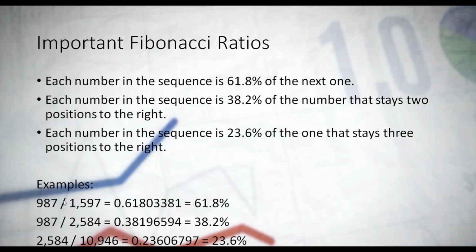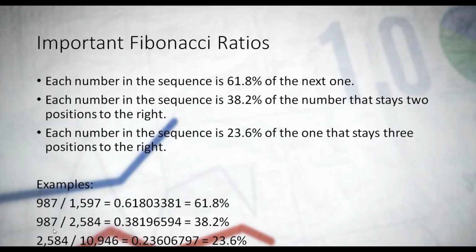If we take the number that I just mentioned in the previous slide, 987, and you divide it by the number that comes after, which is 1597, you receive 0.61803381, which is approximately 61.8% when we convert this into a percentage.